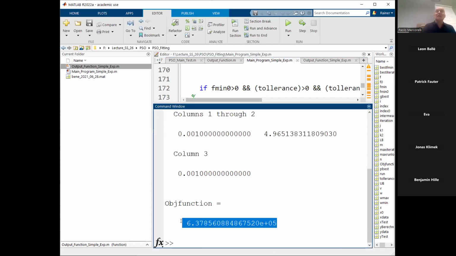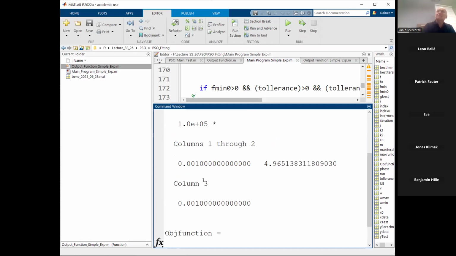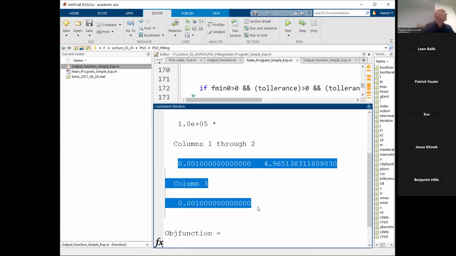This is the minimum of what? Of the least square, which doesn't say much. Look at these 3 values. In your opinion, what can we say about that? The first thing we can say is whether they are inside the lower and the upper bound.